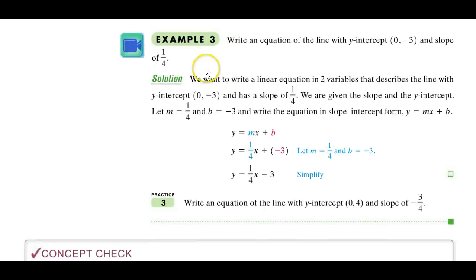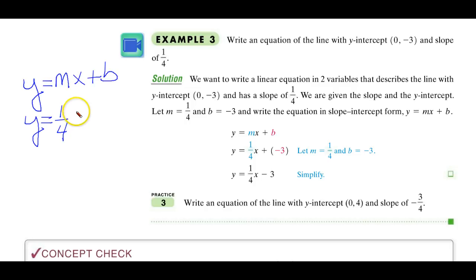For example 3, they're asking us to write an equation now in slope-intercept form using the slope and the y-intercept. So for this, you're going to have the general formula y equals mx plus b. So you take your y. Now the slope is 1/4, so you put that where the m is.